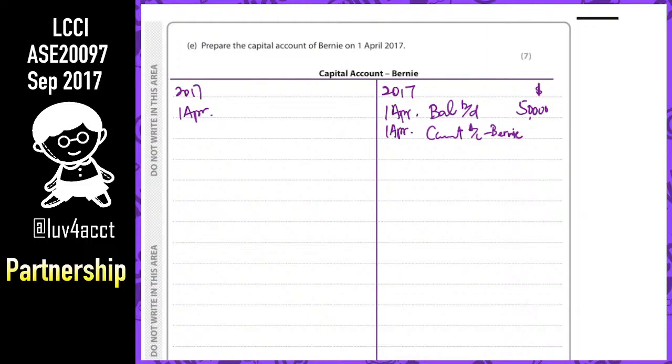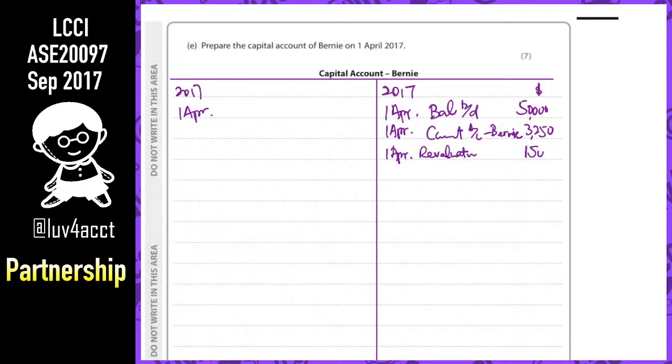If you just write current account, which one? Of course, we understand it is the current account of Bernie, but you have to write it because this is the name of the account. Current account dash Bernie.